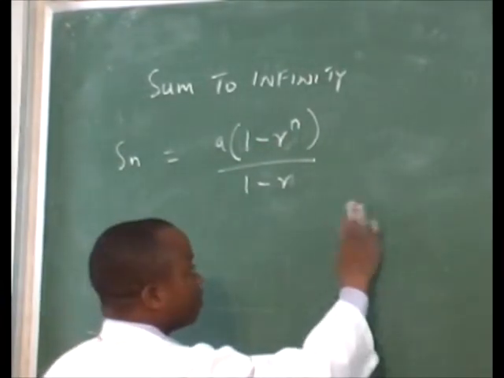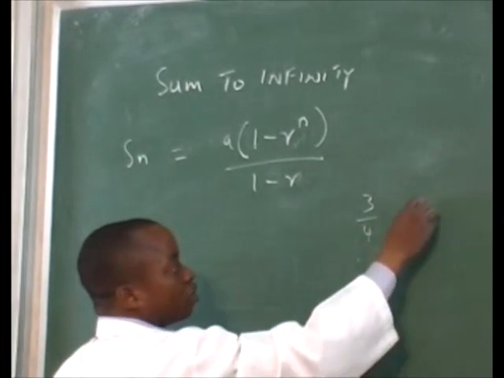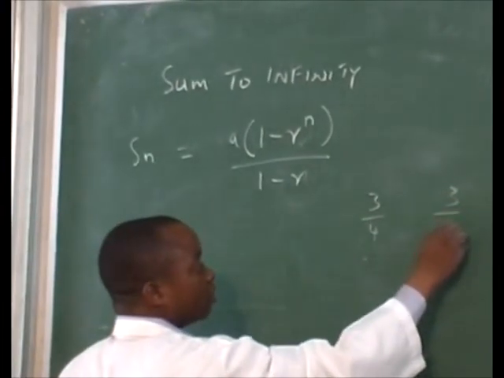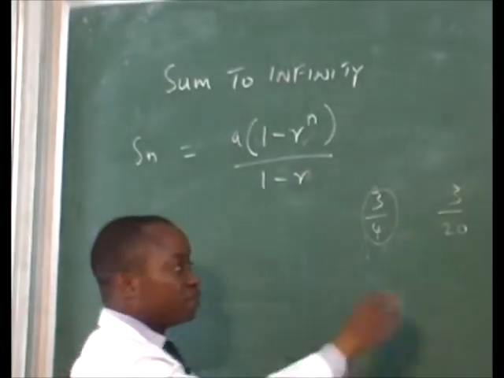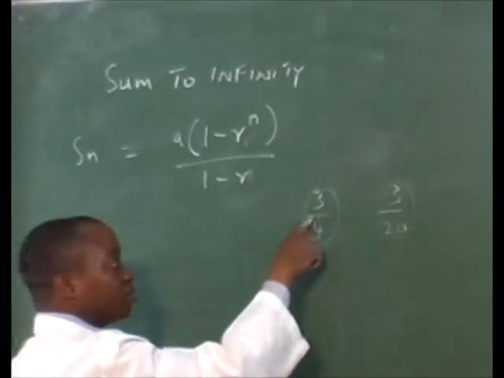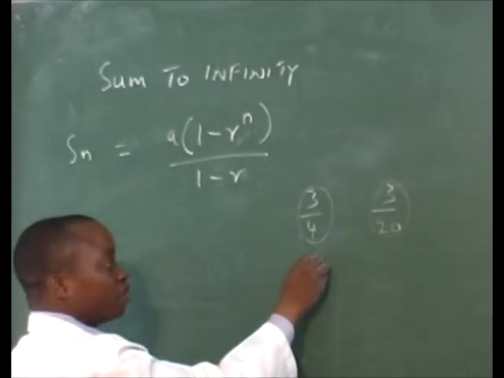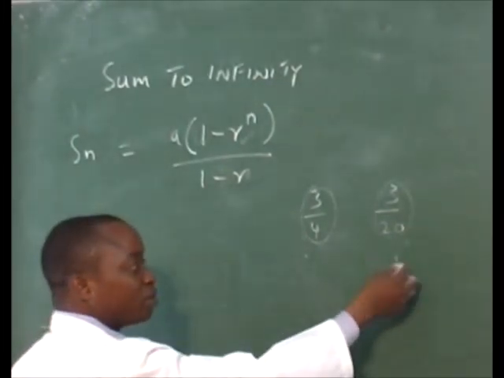It's just like having, maybe you have 3 all over 4, you also have 3 all over 20. 3 all over 4 is bigger than 3 all over 20. That is because 3 things, you divide it to 4 people, and that same 3 things, you divide it to 20 people. You see that this one will be very small.